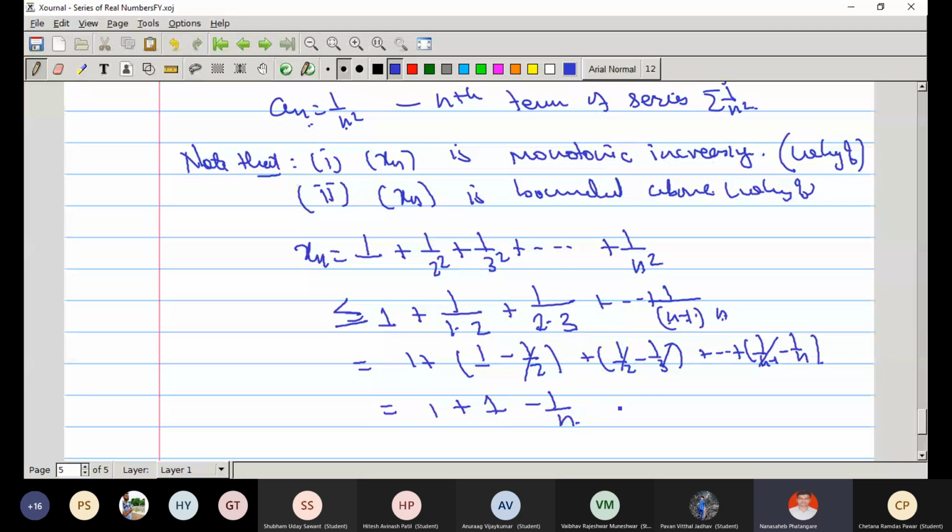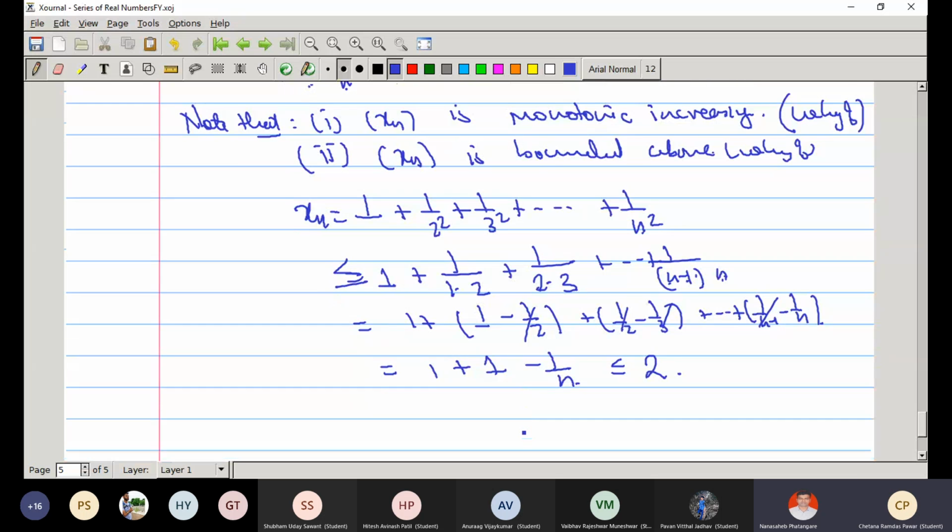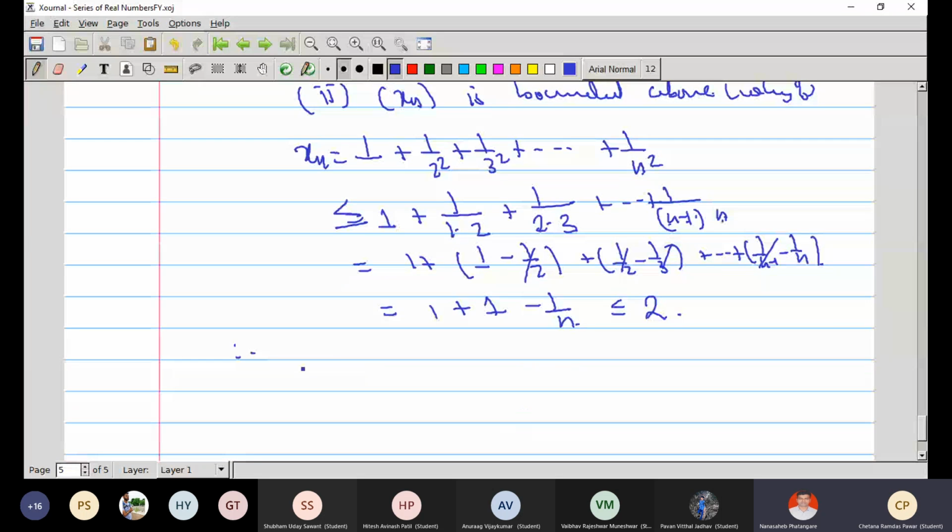This. And can you say that this quantity is less than or equal to 2? Is it true? Yes, sir. Therefore, what is the conclusion for all n? Therefore, xn is bounded above.